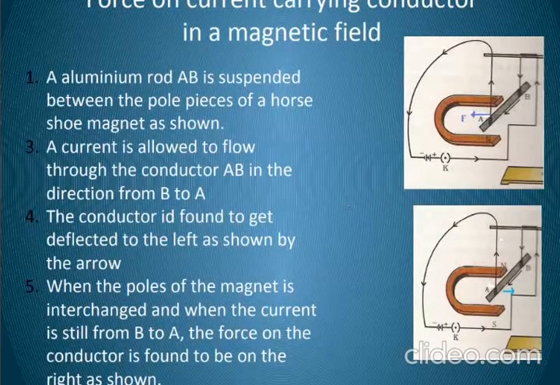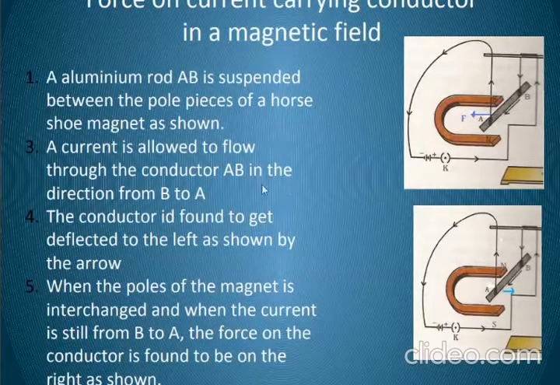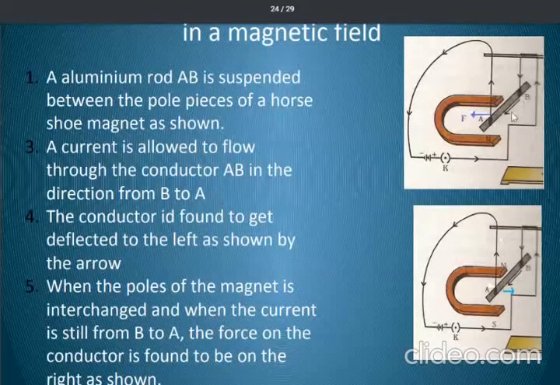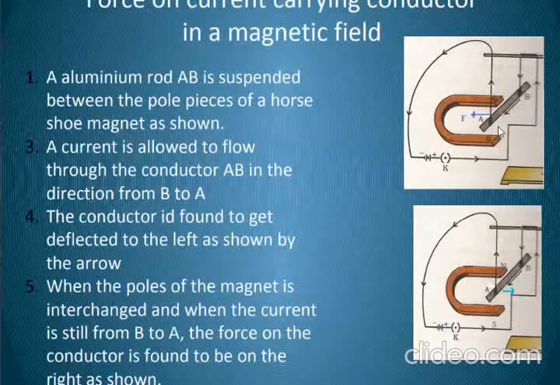So, second point: a current is allowed to flow through the conductor AB, the aluminium rod, in the direction from B to A. You see here, B to A. The conductor is found to get deflected to the left side as shown by the arrow. You see here, it gets deflected to the left side.